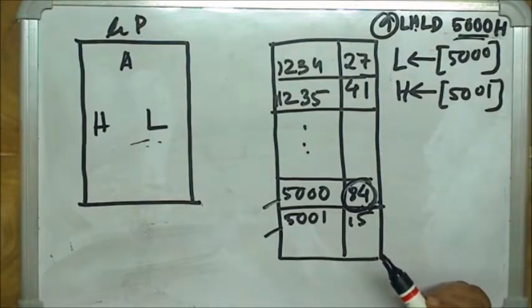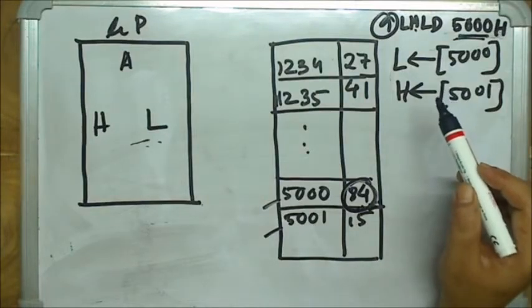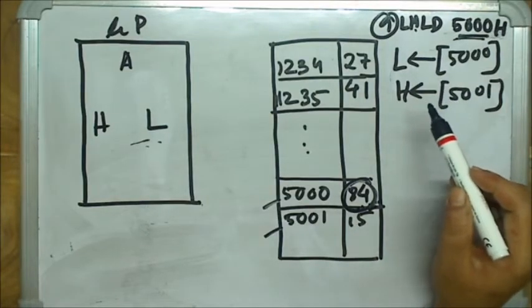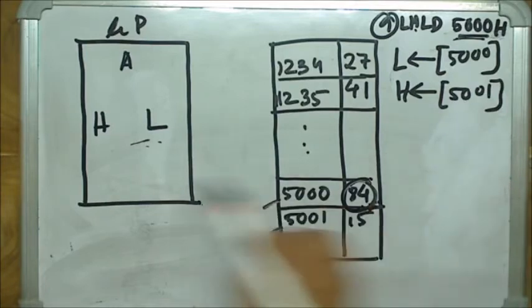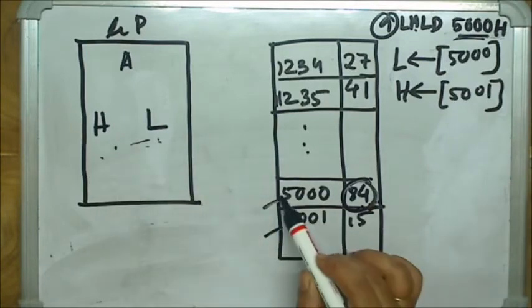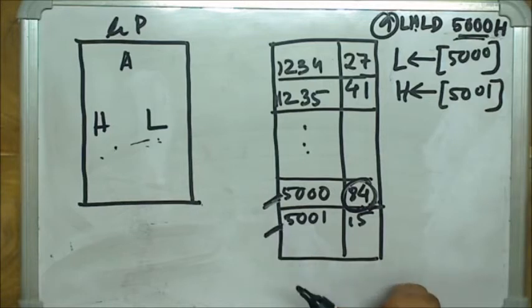In this example, I have taken LHLD 5000H, so the HL pair will get data from memory locations 5000H and 5001H.